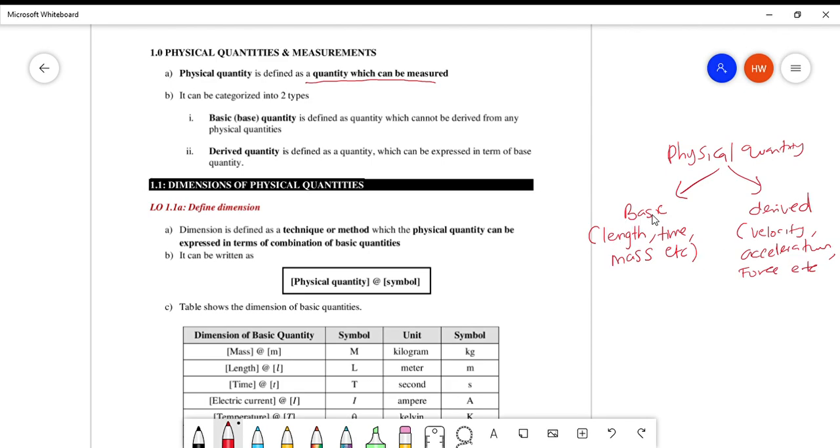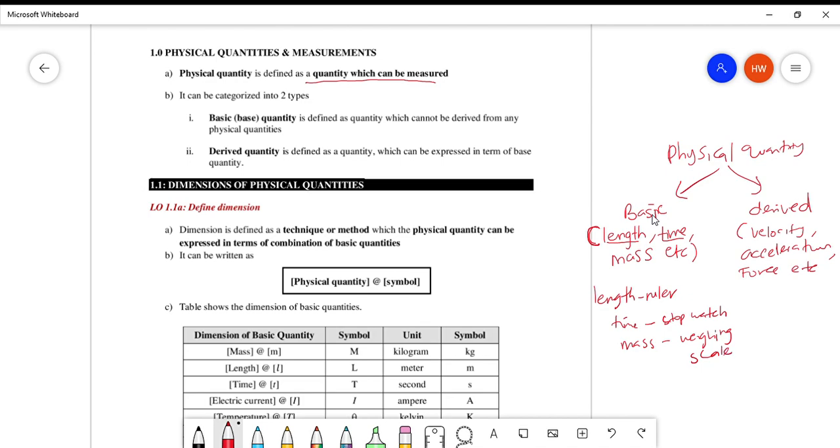For the basic quantity, we can measure it directly using a device or machine. Such as length, we can measure using a ruler. Time we can measure using a stopwatch, and mass we can also measure directly using a weighing scale.